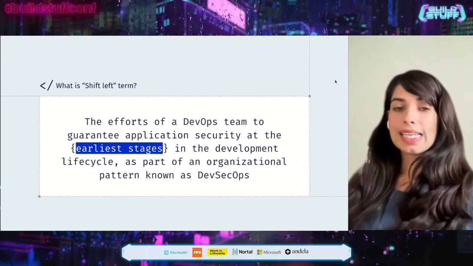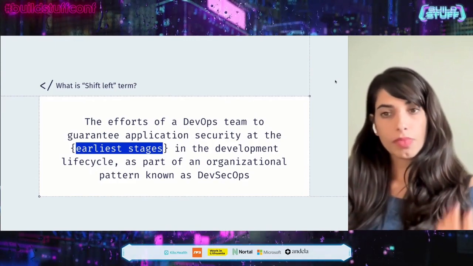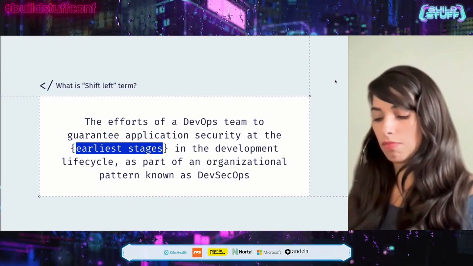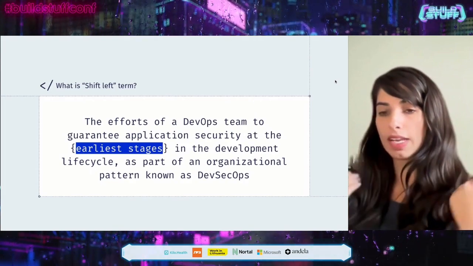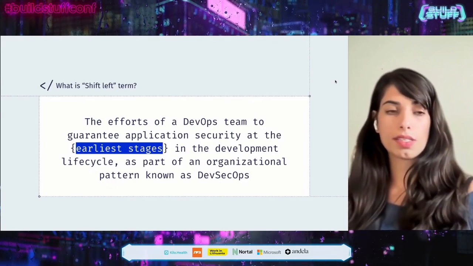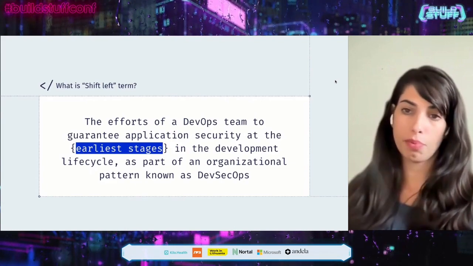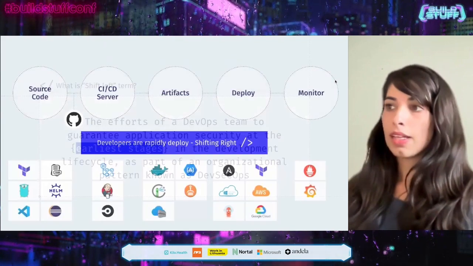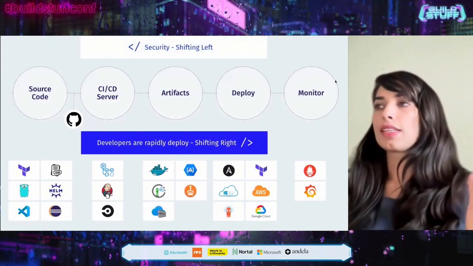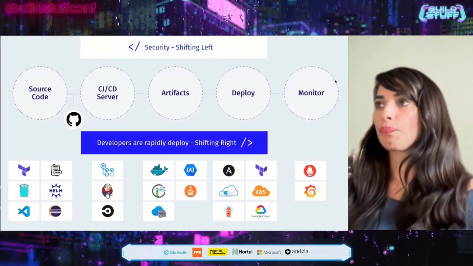So basically, we want to have security gates earlier in the pipeline, and we want to know what the security pain points are from the beginning and not in the deployment phase. So when developers are rapidly shifting right, security is shifting left, as I told you.